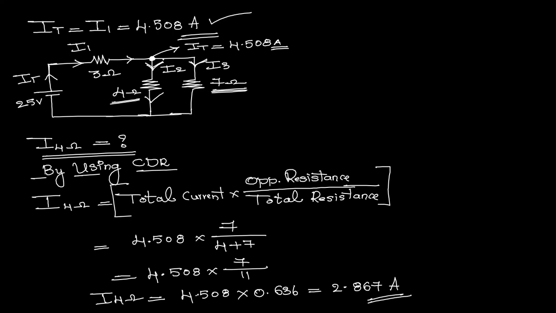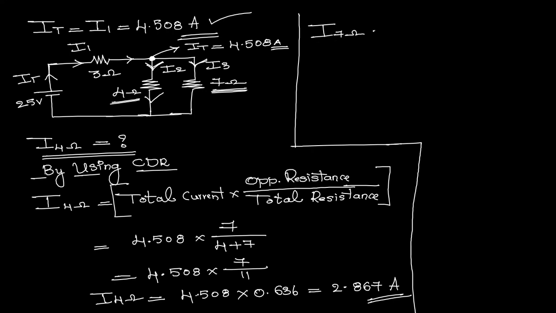Now if you want to find the current flowing in the 7 ohm resistance branch, again we use the same current division rule, that is total current into opposite resistance divided by total resistance.